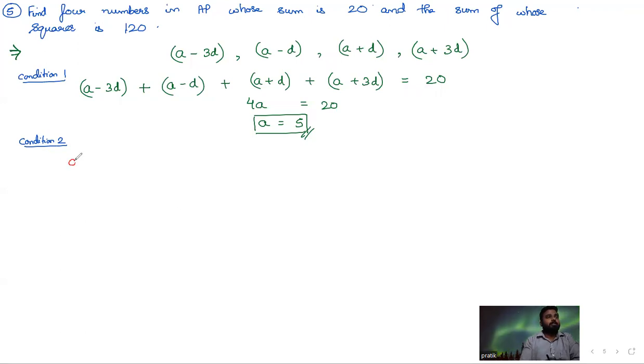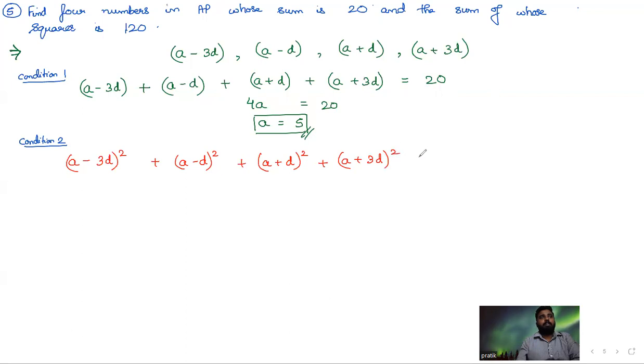This is the sum of the squares: a minus 3d whole square, plus a minus d square, plus a plus d square, plus a plus 3d whole square. That is equal to 120.